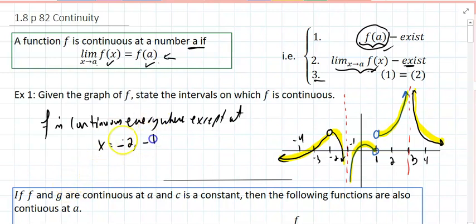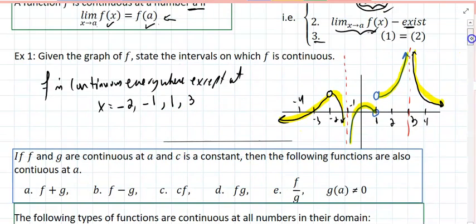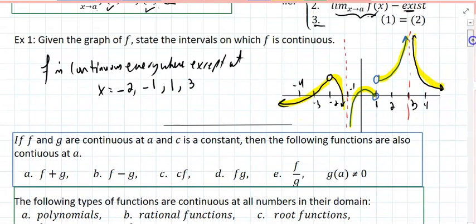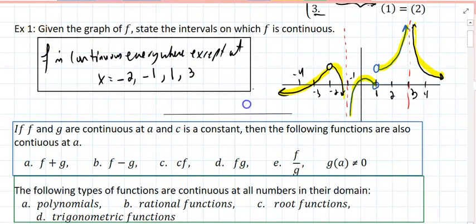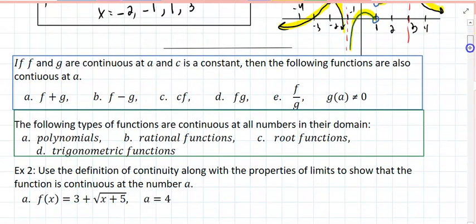At -1 f of a doesn't exist either. At 1 the limit doesn't exist, and at 3 f of a doesn't exist. So here you're doing it visually, but in the long run we're going to have to show this, which is a bit more work than simply stating.